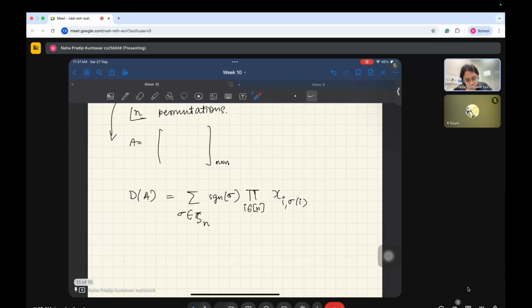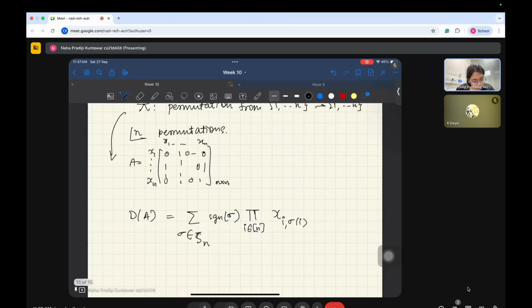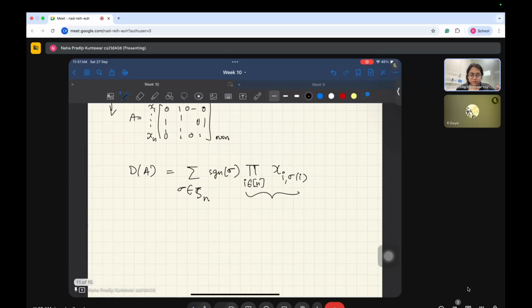Look at this matrix that we had, x1 to xn and x1 to xn, and we have all possible 0, 1 values here. Now we will define this part by part.